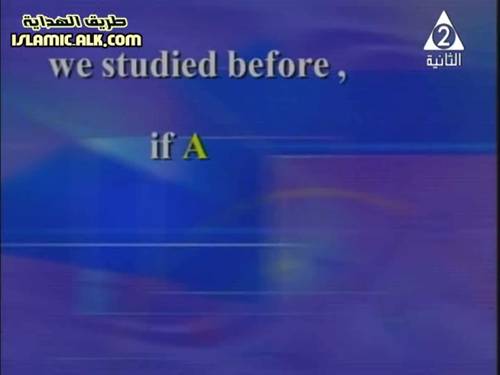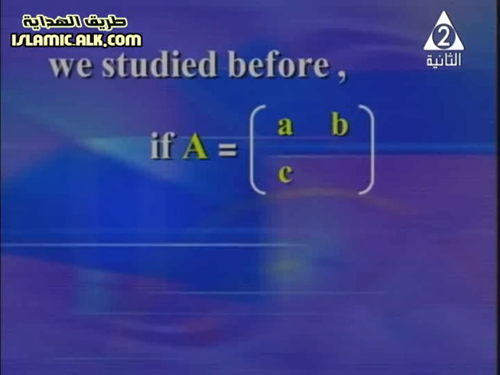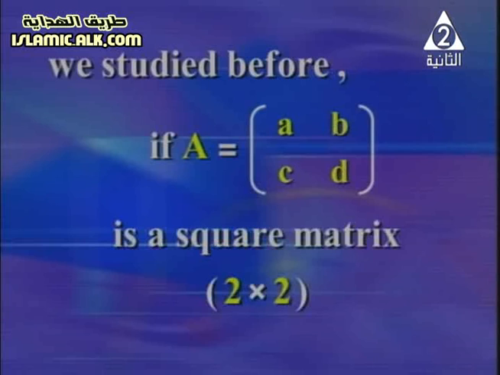We studied before that if we have a matrix A, with entries a, b, c, d, it is a square matrix of order 2 times 2.